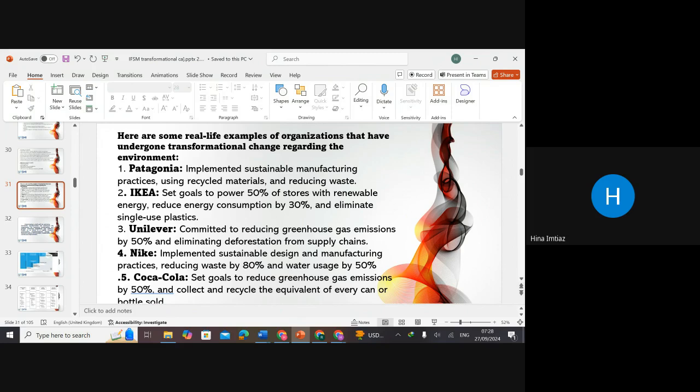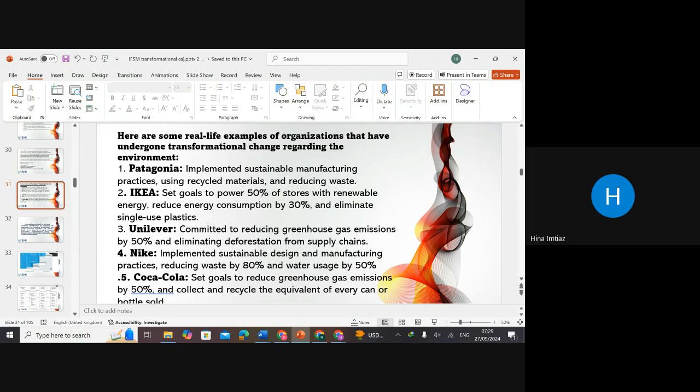Then we have IKEA, and IKEA set goals in the power sector. Patagonia is working on solid waste management, but IKEA works on the power sector. IKEA set goals to power 50% of its stores with renewable energy, reduce energy consumption by 30%, and eliminate single-use plastics.